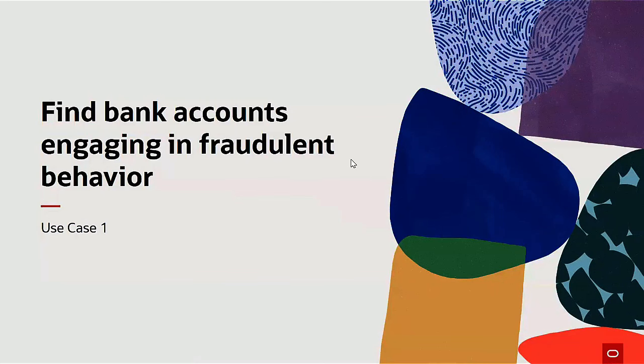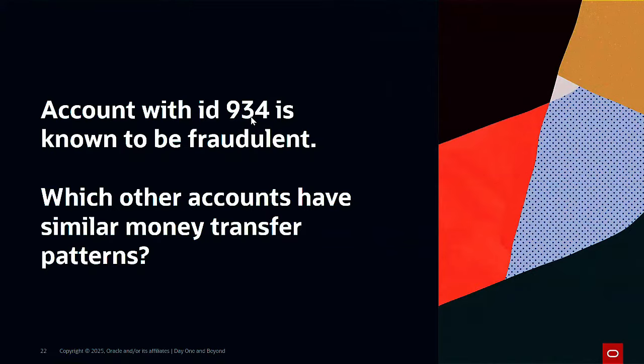So for the first demo where I'm finding bank accounts that could be engaged in fraudulent behavior, I will start with, okay, saying that we know that 934 is a fraudulent account. Which other accounts have a similar money transfer pattern? Like if 934 has three money movement cycles connected to it, we want to see which other accounts have a similar pattern because they're probably engaged in similar behavior.